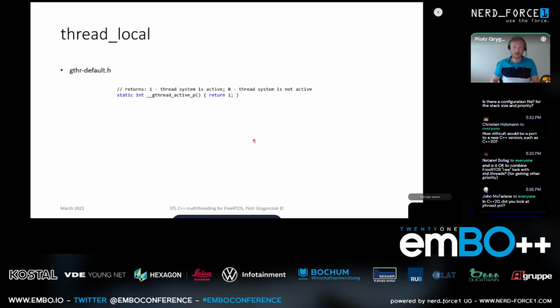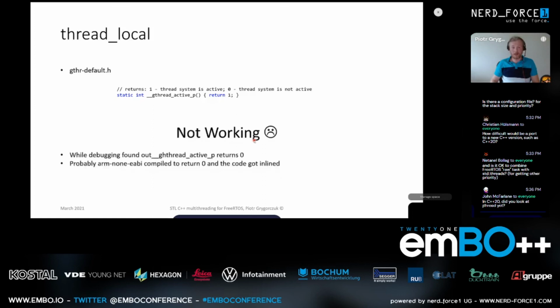Yeah, so the last thing on my list which I would like to talk about today is the ThreadLocal, and it's bad news. It's not working, and the reason for that, I suspect, I don't have confidence, but I suspect there's this function in gthread default, and it's simple as this. This just returns 1.